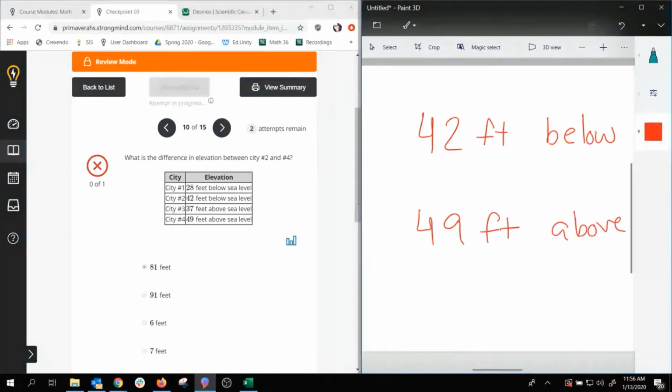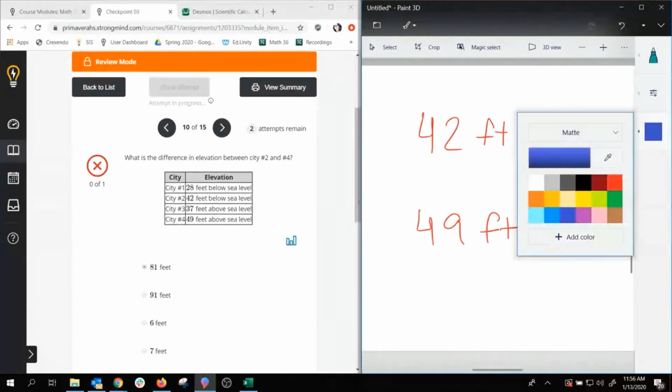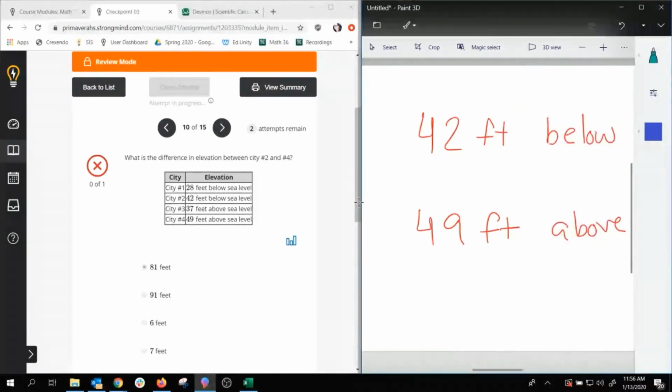Okay. So if city 2 is 42 feet below sea level, is that a positive or a negative 42?